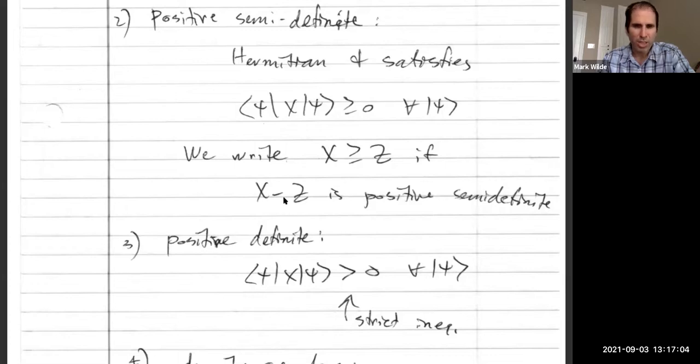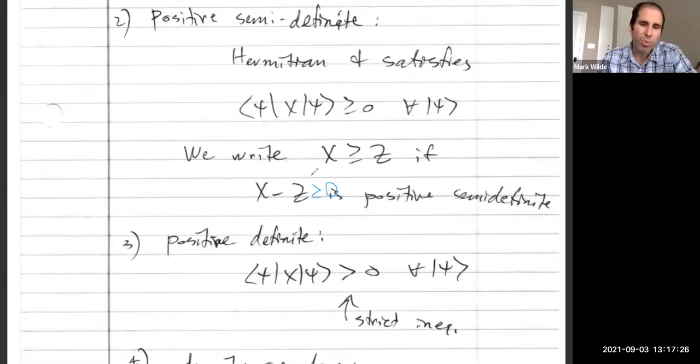So we could also write X minus Z greater than 0. We use the notation, right, you could also write this.